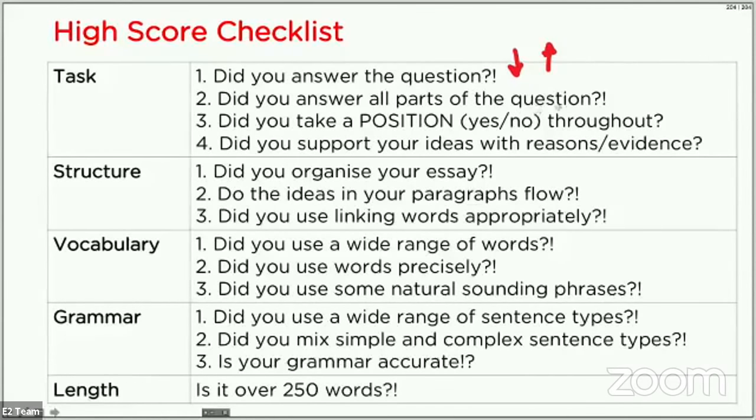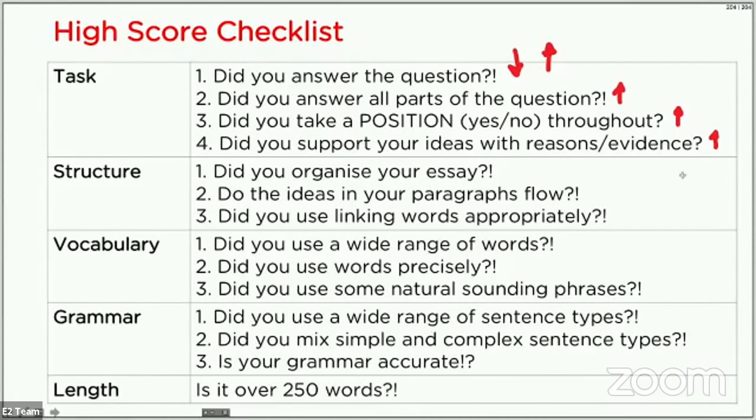Did you answer all parts of the question? Well, this was about high taxes. That's one part. To improve public services, that was another part. If you did that, your score will go up. Did you take a position throughout? Well, if you did, your score will go up. You need to be very clear in what your position is. Did you support your ideas with reasons and evidence as per the paragraphs?